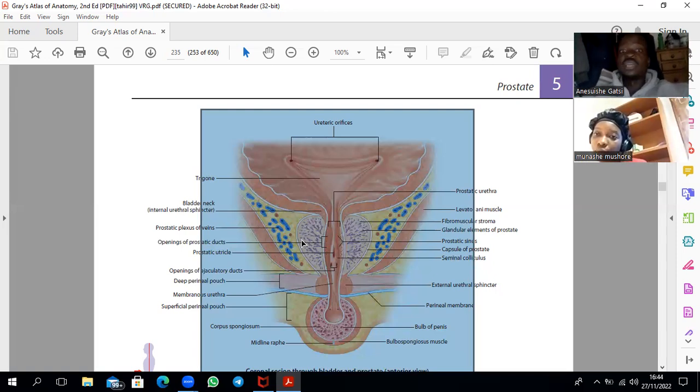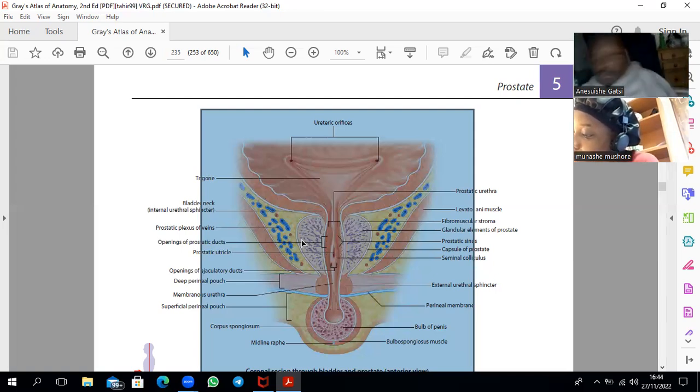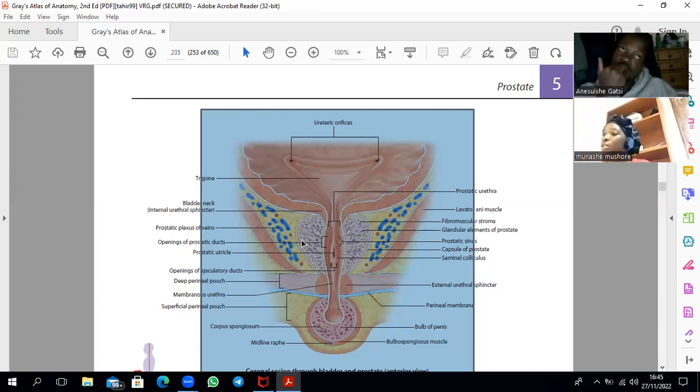Then those two get their blood supply from the inferior vesical artery and the mid-rectal artery. Mid-rectal, we said, is the one which comes directly from the internal iliac.